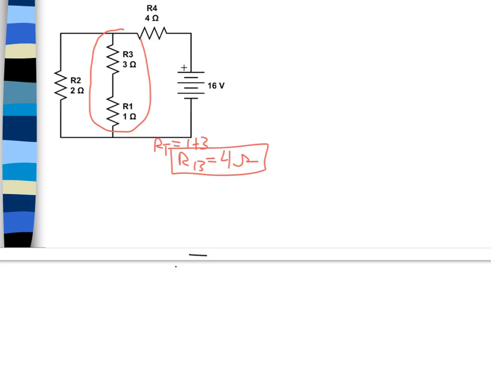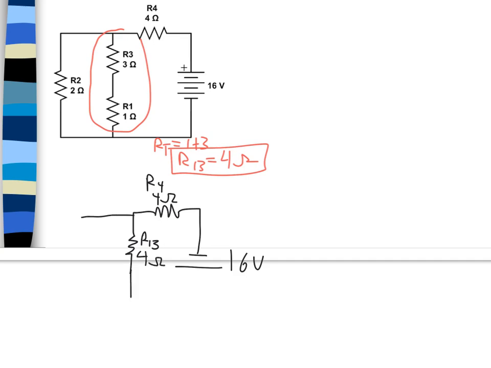So my new circuit, we still have 16 volts from our battery. You don't necessarily have to draw all the bars of the battery. That part doesn't really matter. We have R4 here, which is 4 ohms. We're going to now have R13 here, which is also 4 ohms. And we're going to have R2 over here, which is 2 ohms.